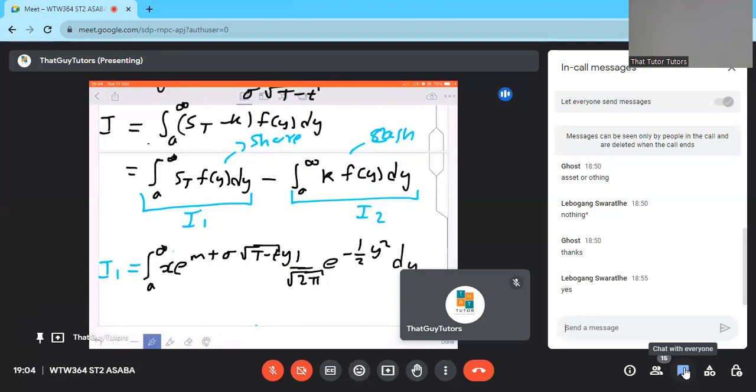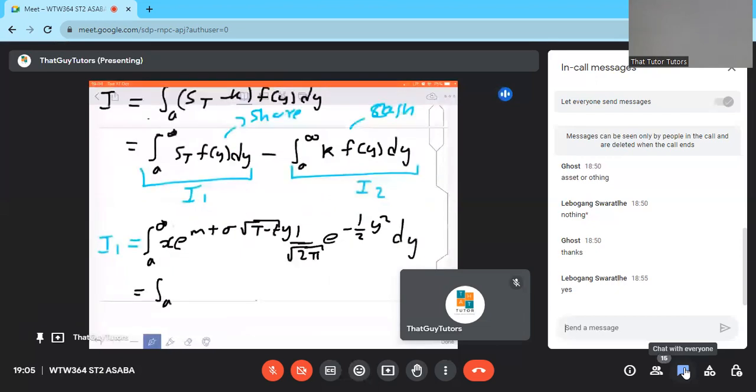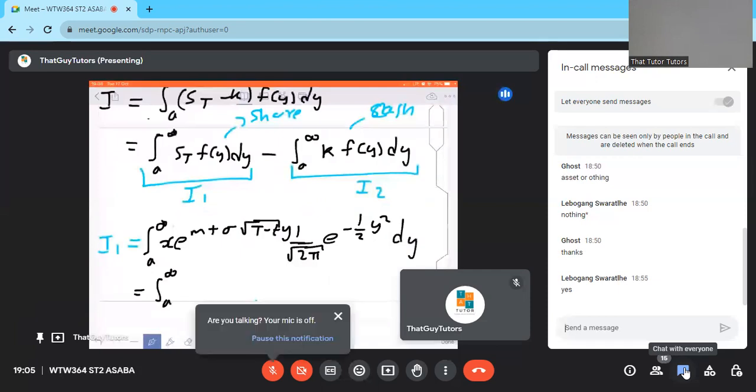You're going to have the integral from a to infinity of x e to the power m, right? And then 1 over the square root of 2 pi. And then you can say sigma square root of T minus t, and then minus 1/2.